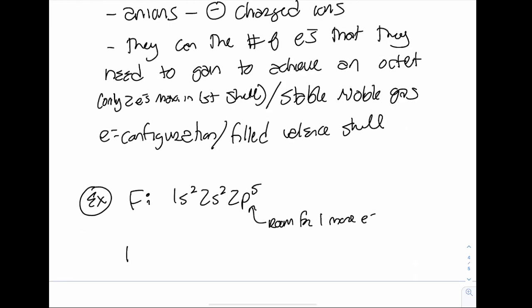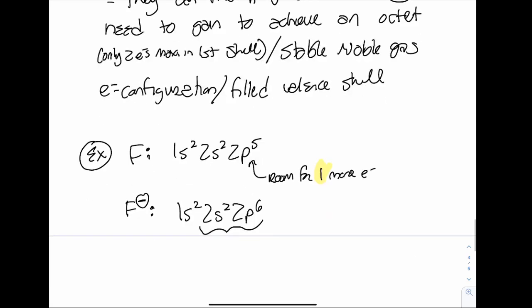So fluorine, because it has room for 1 more, it doesn't have room for 2 more, is going to have a -1 charge. So 1s2, 2s2, 2p6. And this actually meets all of our criteria above. This is my valence shell.